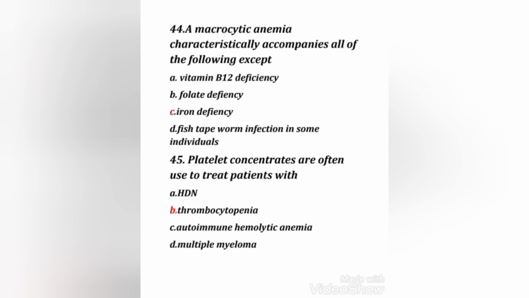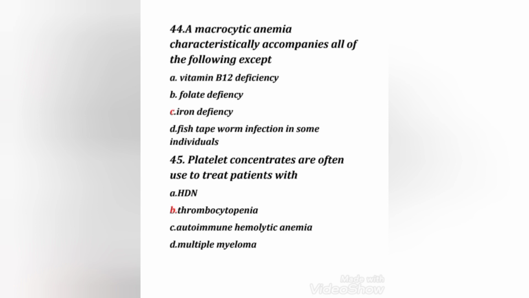Next one. A macrocytic anemia characteristically accompanies all of the following except vitamin B12 deficiency, folate deficiency, iron deficiency, fish tapeworm infection in some individuals. And the right answer is iron deficiency. In iron deficiency, the type of anemia is microcytic and hypochromic in nature.